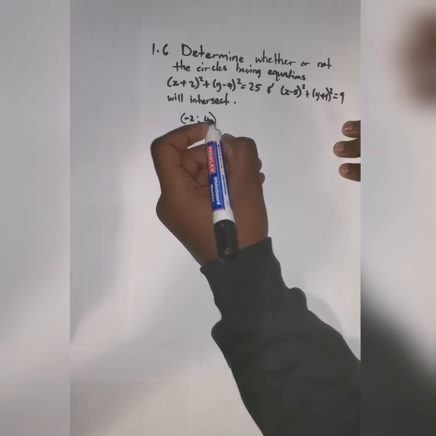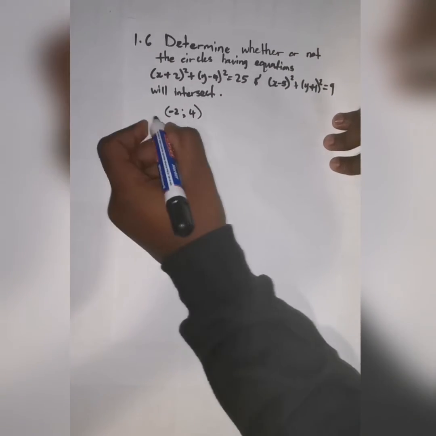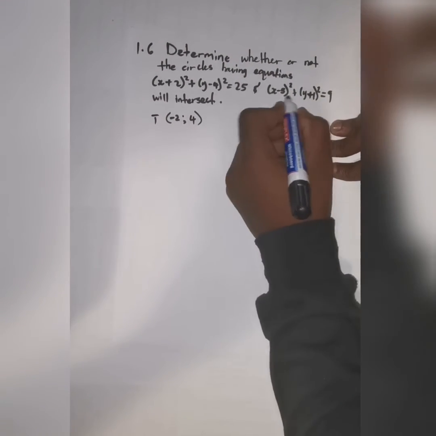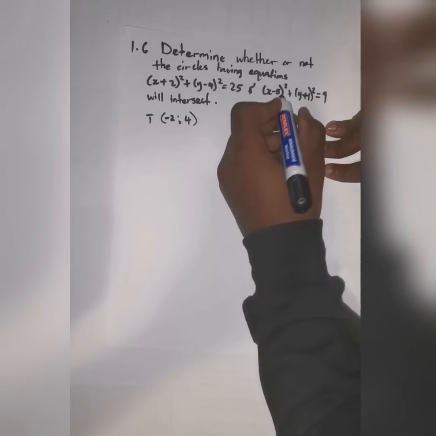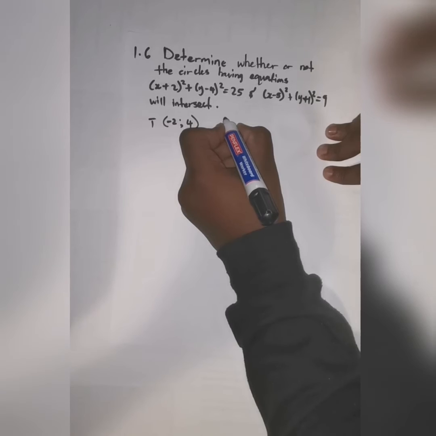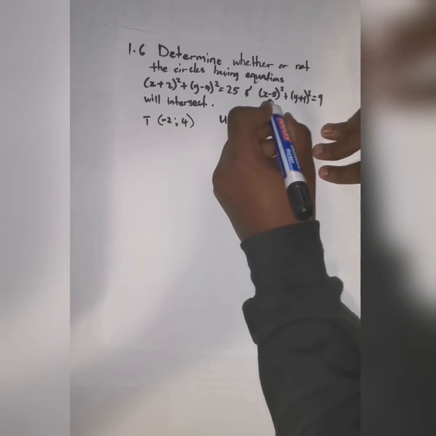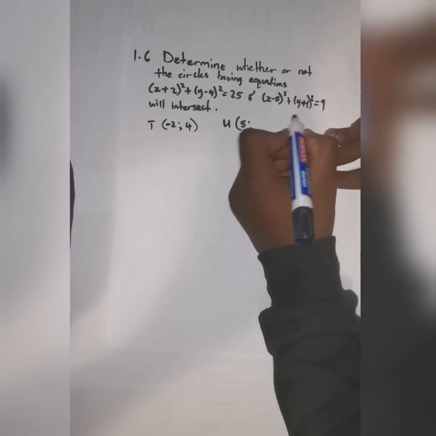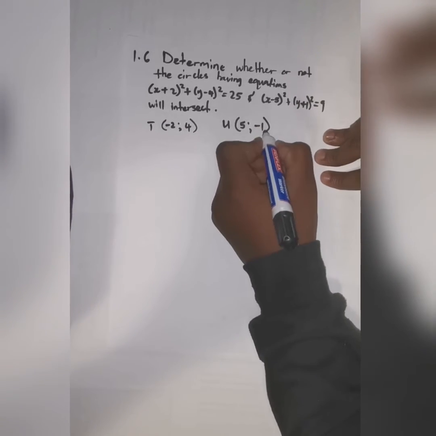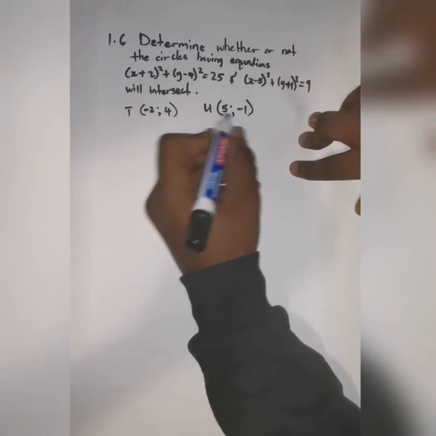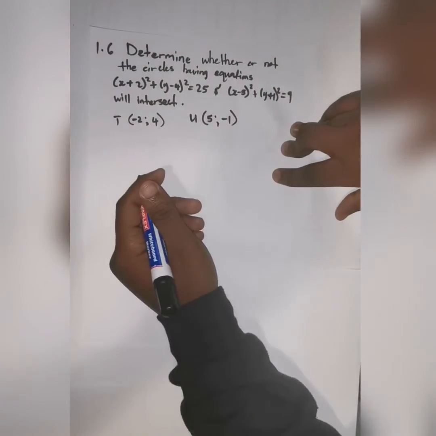Call this center T. Then we come to the other circle and extract the center point. Call it point U. We oppose the sign, so that's going to be 5, and then plus 1 is going to be a negative 1. So these are the centers of the two circles.